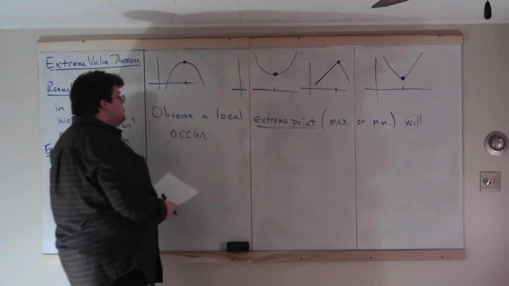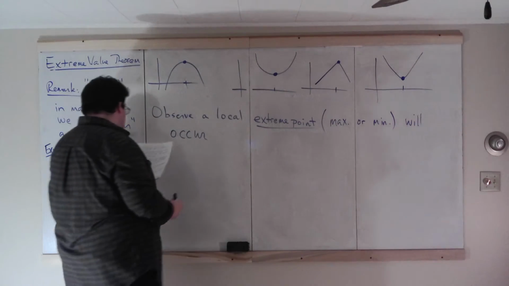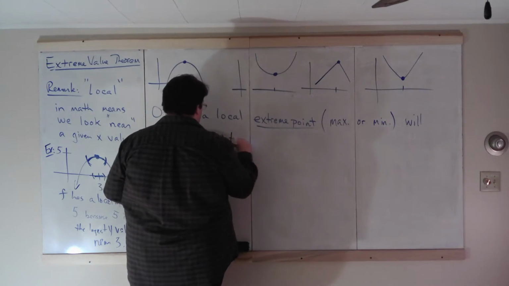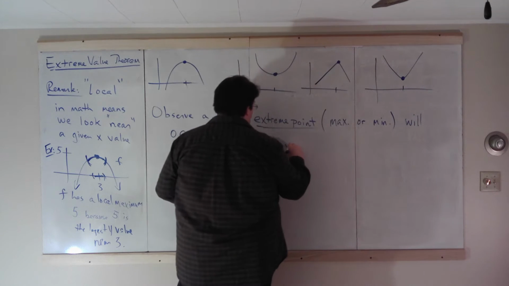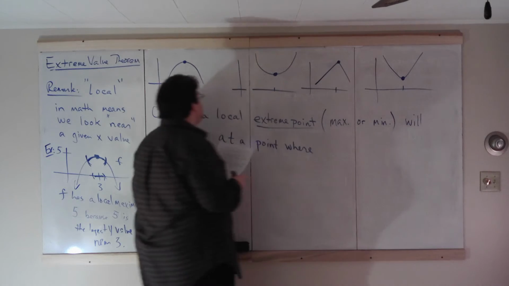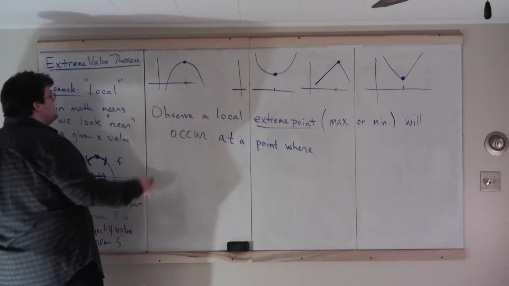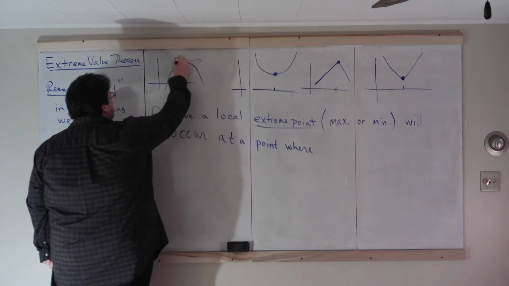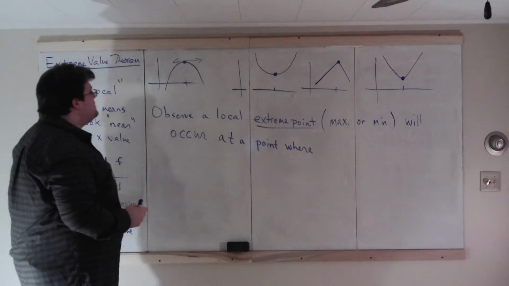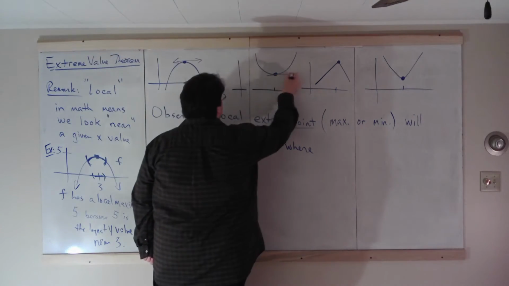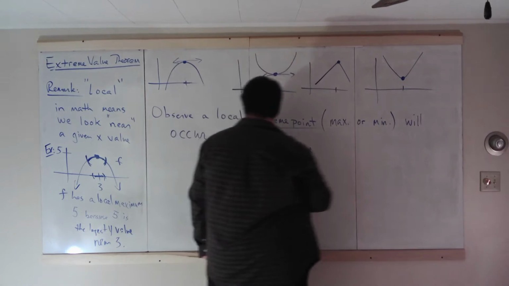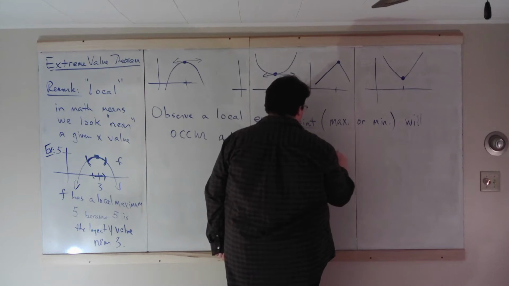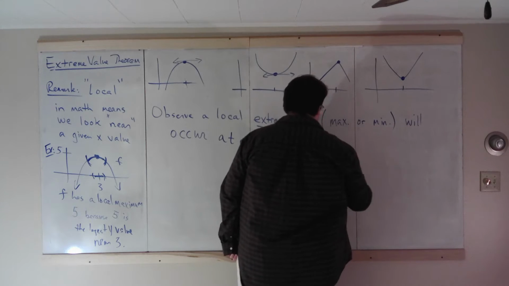So a local extreme point will occur at a point, at an x value, where what? Well, what's the derivative here? Slope of that line is 0. Slope of that line is 0. So those first 2 will occur at a point where f prime equals 0.